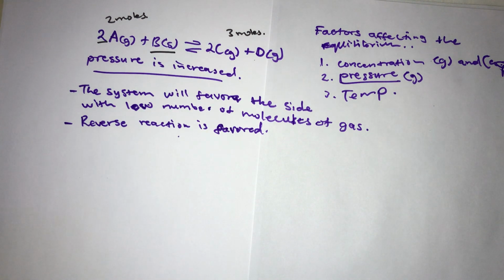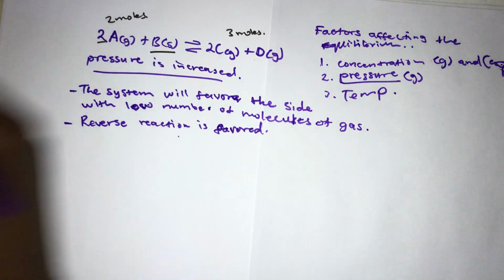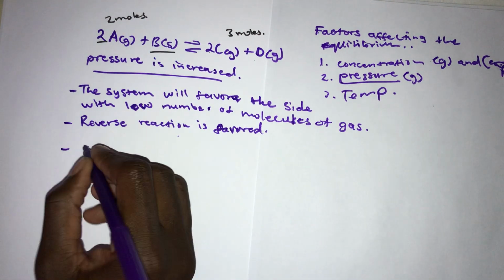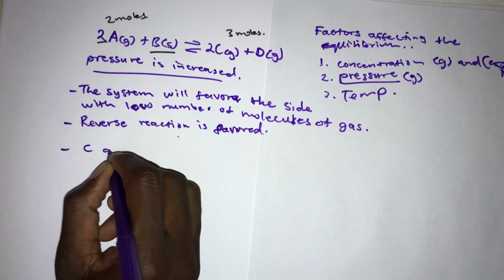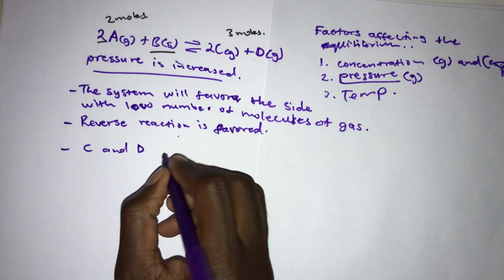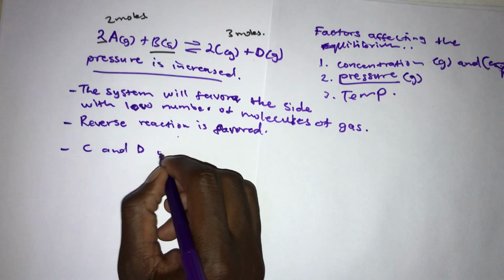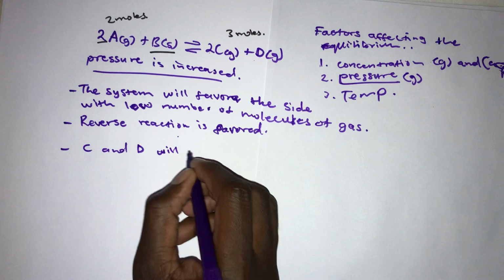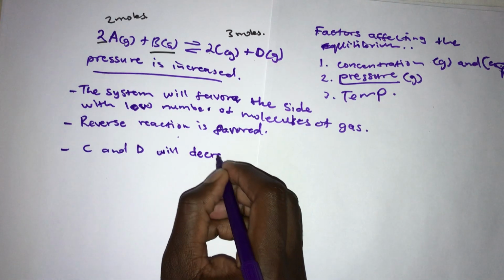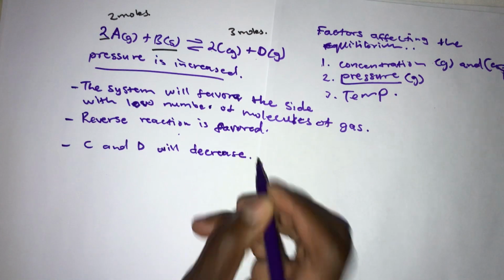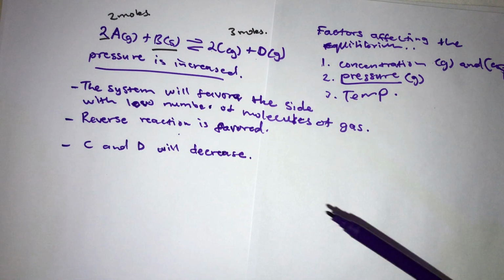Since now it has fewer molecules, this side will be favored. So therefore, we're going to say C and D will decrease. They are going to decrease. Why decreasing? Because we are favoring this side.